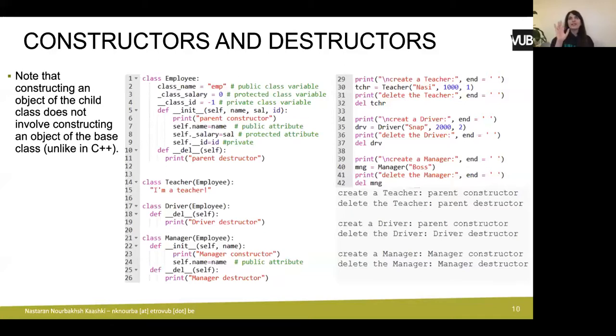But I'm saying that it's like that, but it's more than this. It has virtual keywords, some other extras. You should be really careful about them when you are working with them in C++. It doesn't mean that you should not be careful here when you are working with Python, but the way that they are working is different from each other.